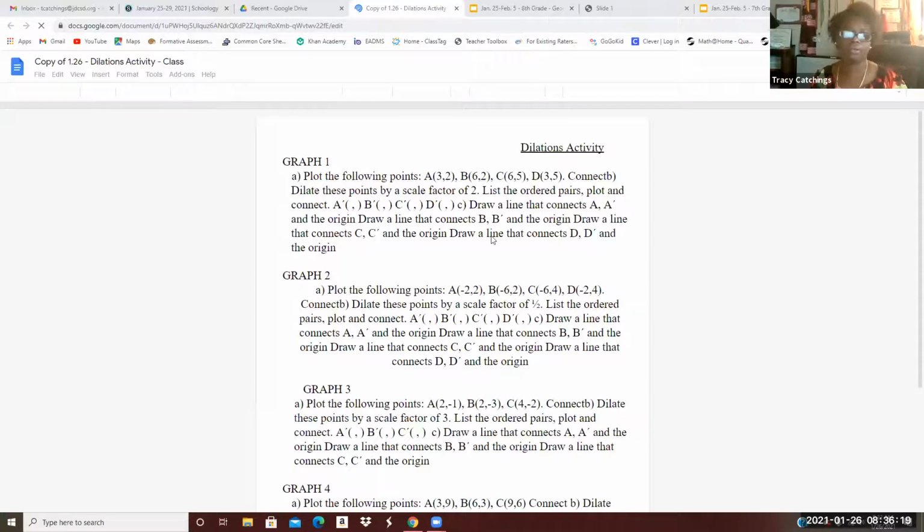When you open up Tuesday's activity, it should be titled Dilations Activity. You can type your name near the title if you choose. Notice this is an activity that you will need the coordinate plane for, or if you have paper and you can draw one, that will work as well.